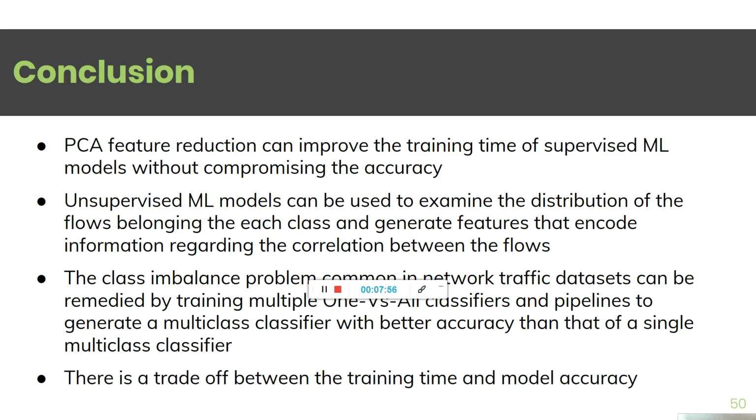We've also investigated that unsupervised models are very helpful in examining the distribution of the data samples, or in this case of our flows, and they can give us means to engineer new features.